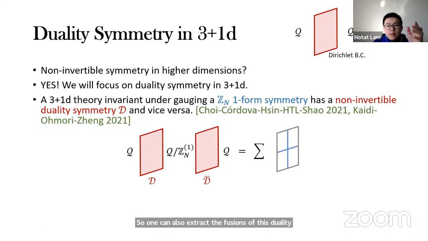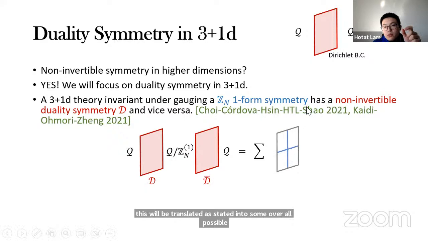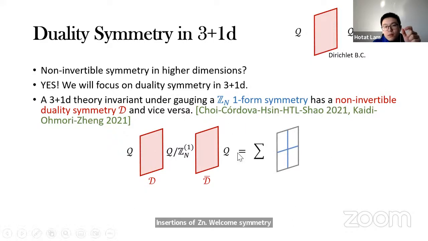When we fuse them, it is like gauging in a thin slab. This translates into a sum over all possible insertions of the Z_N one-form symmetry surface on this three-dimensional volume. It's probably not hard to convince yourself that the thing on the right-hand side is not the identity. Because of this, we call these duality symmetries non-invertible symmetries.